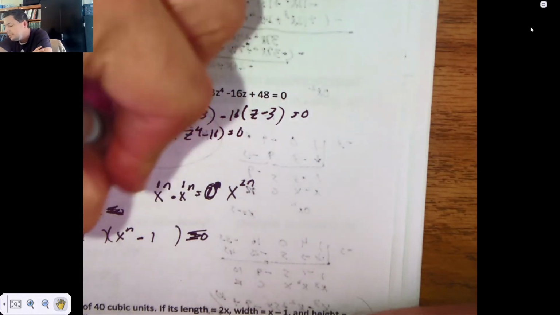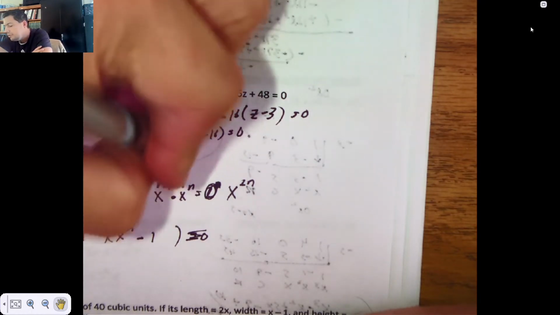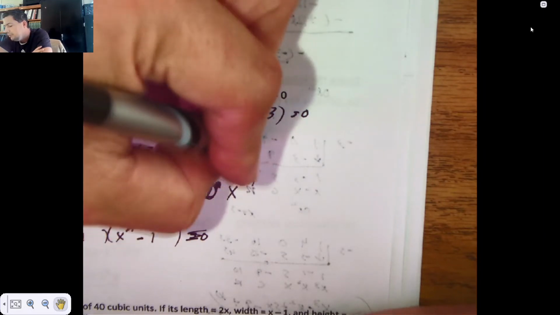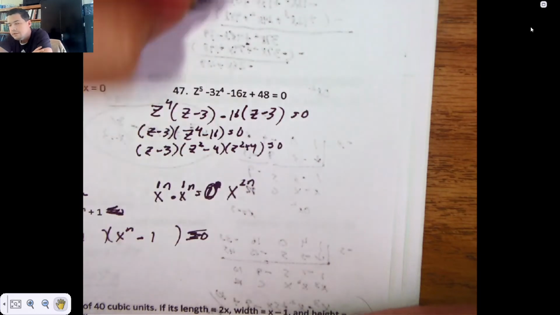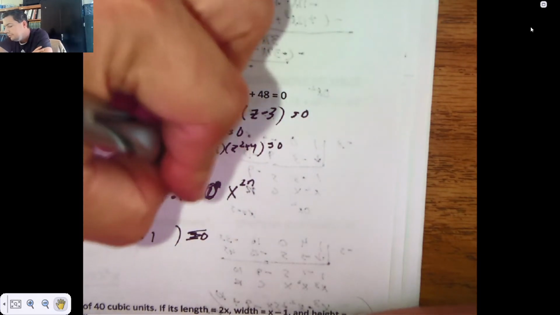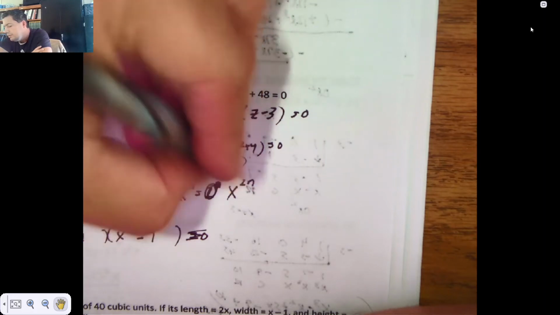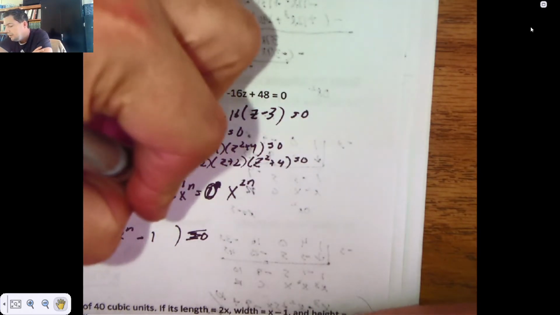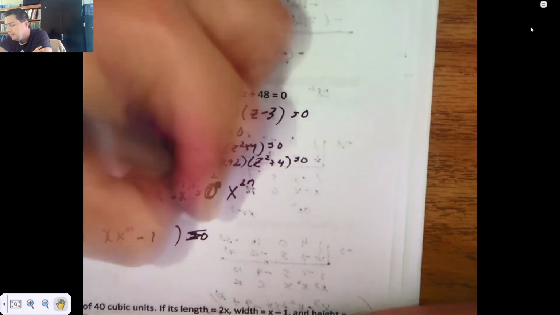Z to the fourth minus 16 is a difference of two squares. Factors is z squared minus 4 and z squared plus 4, still equal to 0. Z squared minus 4 factors as z minus 2 and z plus 2. And z squared plus 4 does not factor. Z squared plus 4 is going to be something I work on off to the side. One of my z values is 3, one of them is 2, one of them is negative 2.